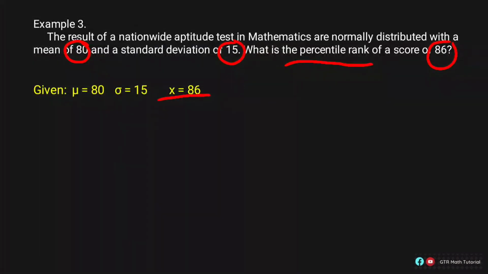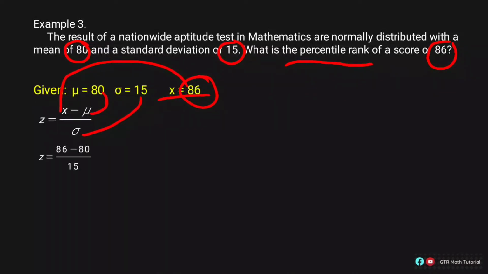So, standardize muna natin. So, use the formula, z equals x minus mu over sigma. So, substitute lang natin ang mga values natin. So, we have 86, so that substitute to x. Then, we have mu equals 80, substitute sa mu. And then, standard deviation or sigma equals 15, substitute lang dito sa denominator.